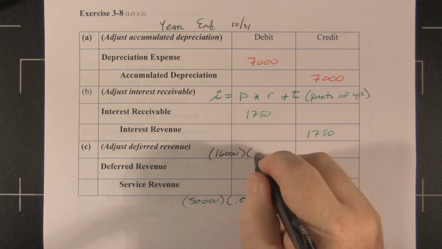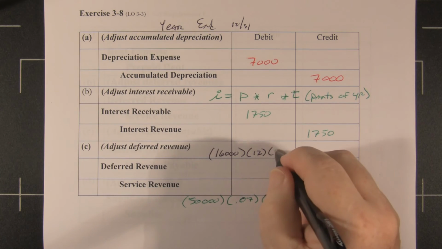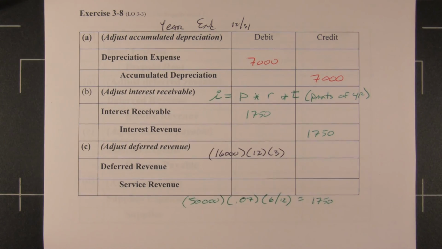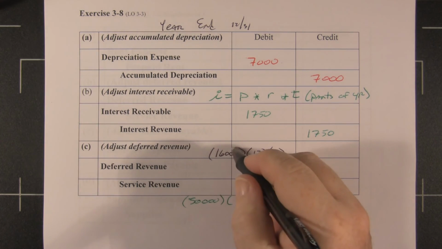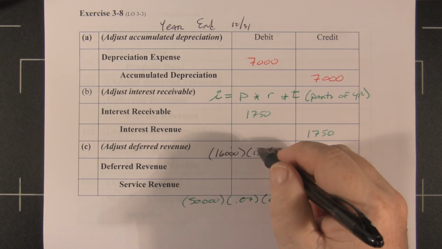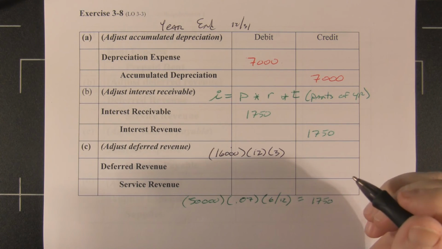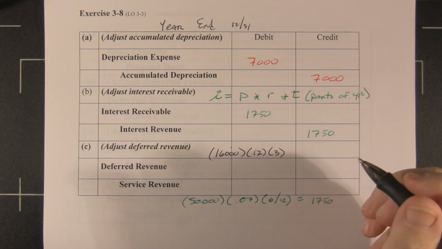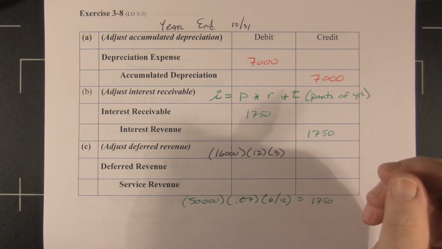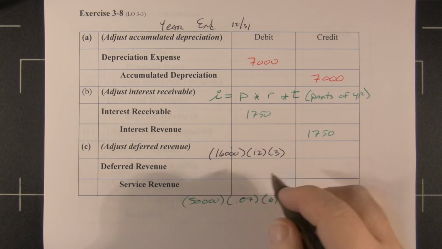We have to divide that by 12 and then multiply by 3, because that was the total for 12 months. So we have to find out what 1 month is, and then we have 3 months, so that's all of October, all of November, all of December, and that's $4,000 if you do that.